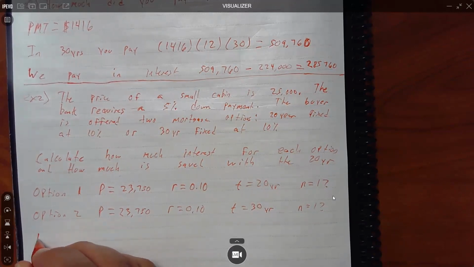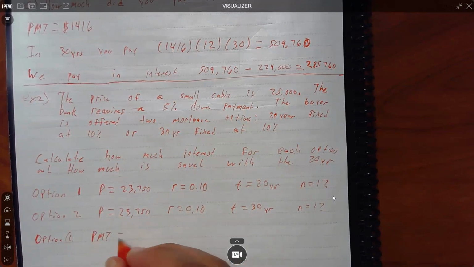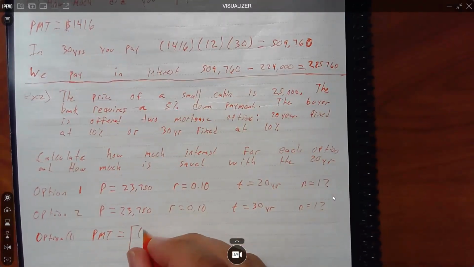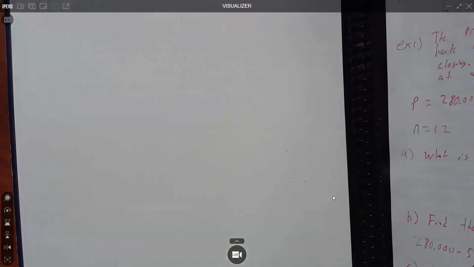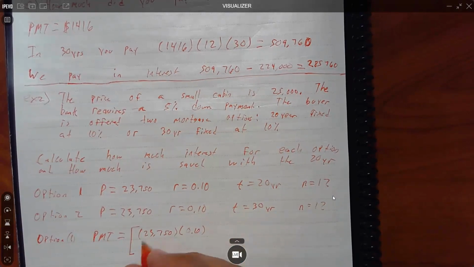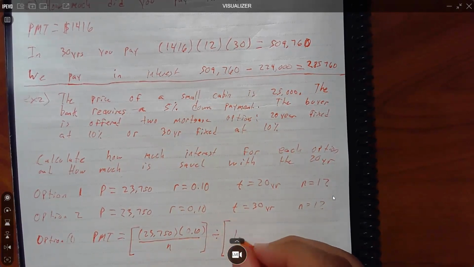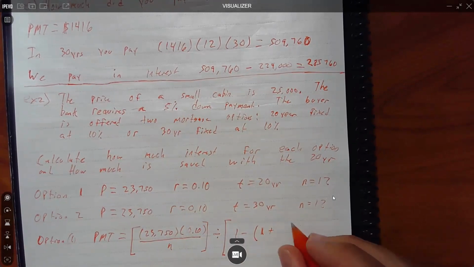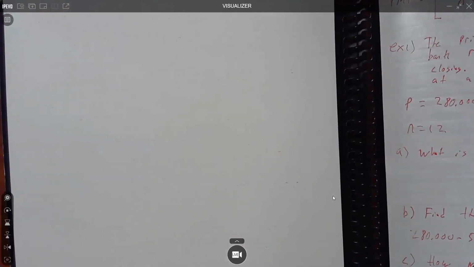So for number one, payment is equal to principal, 23,750, times R over N, divided by 1 minus (1 plus R over N), where R is 0.10 over N, to the negative NT.